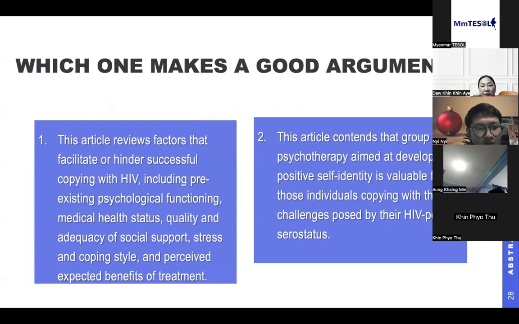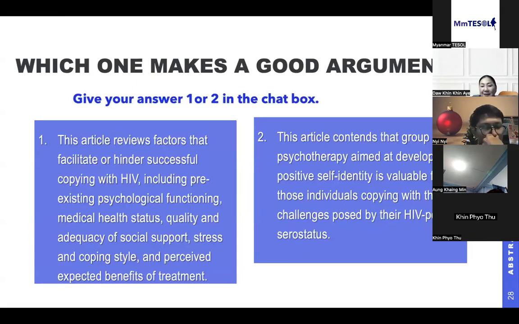This article reviews factors that facilitate or hinder successful coping with HIV, including pre-existing psychological functioning, medical health status, coping with the challenges posed by the HIV positives. Okay, which one?